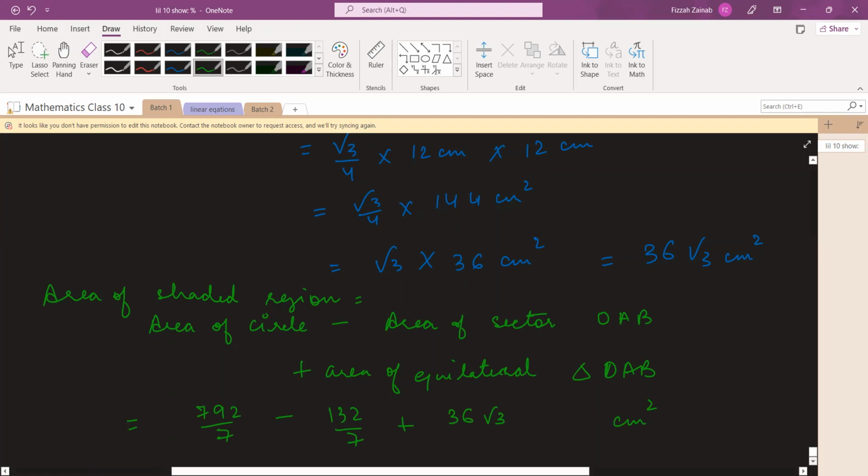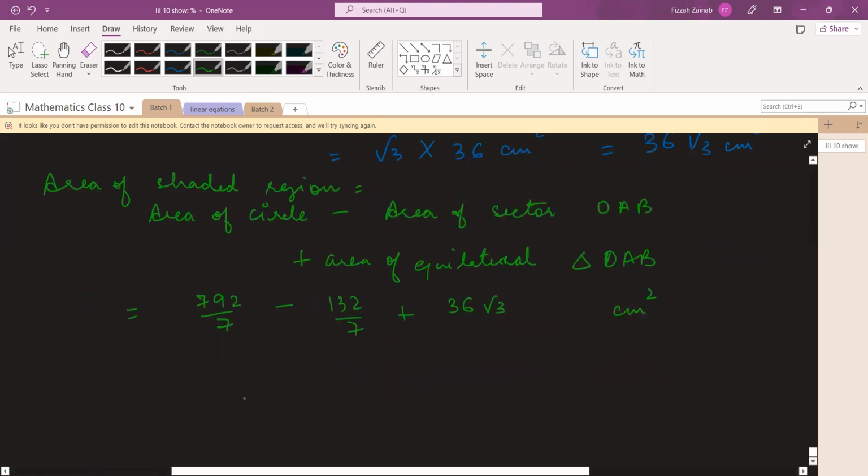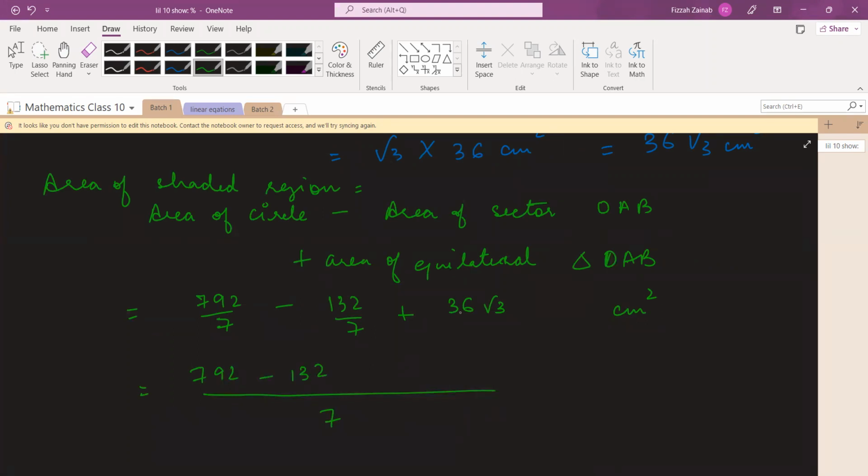Now you can just take the LCM and simplify. So LCM will be 7. So this is 792 minus 132, and then plus, this will be multiplied by 7: 6 into 7 is 42, and then 4, so 36 root 3 becomes 252 root 3. Only this subtraction you can do, because this is a root 3, you cannot disturb it.